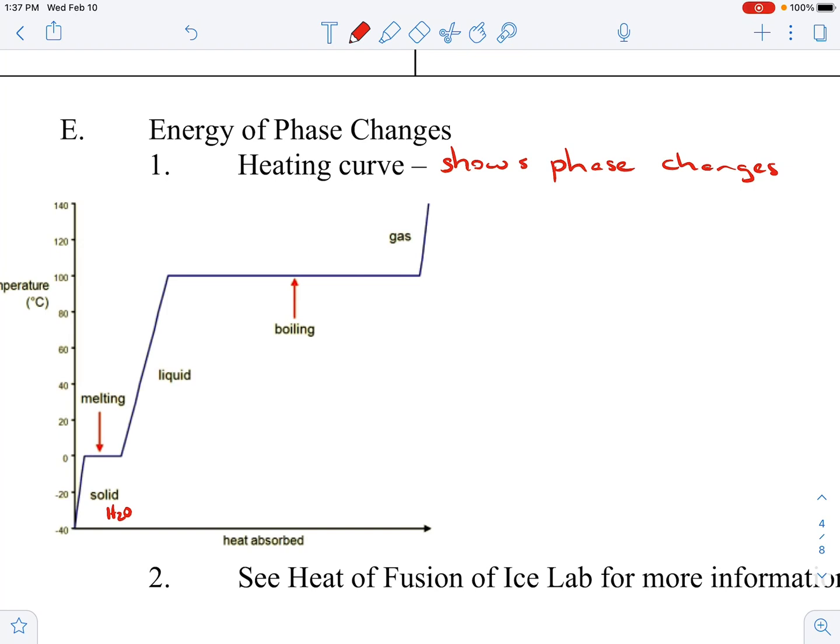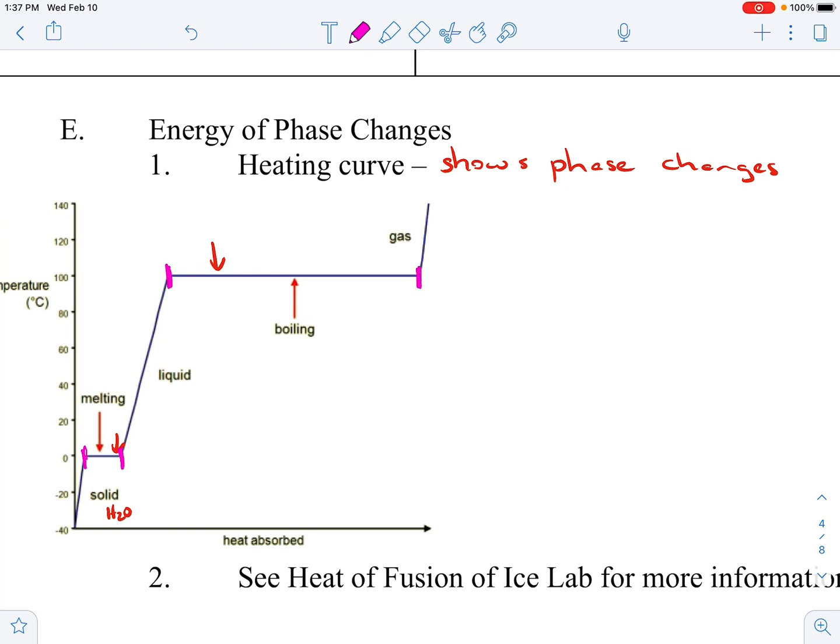A couple of things we want to note is that these temperatures stay the same until we are exiting that phase change. Now, the other thing I want us to take a peek at is that from here to here is not very big compared to here to here.